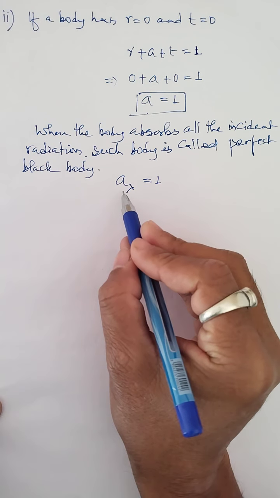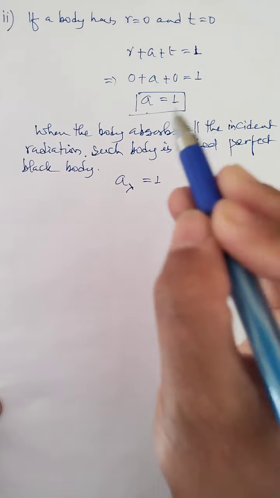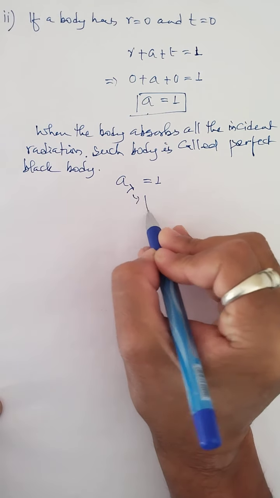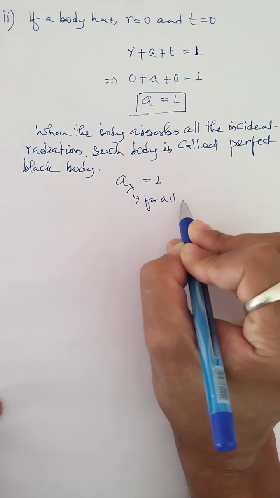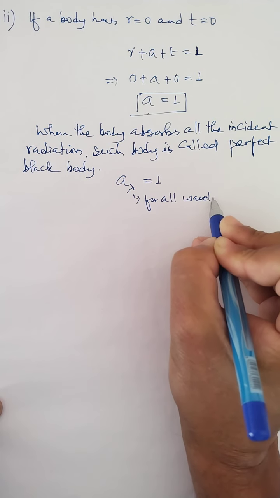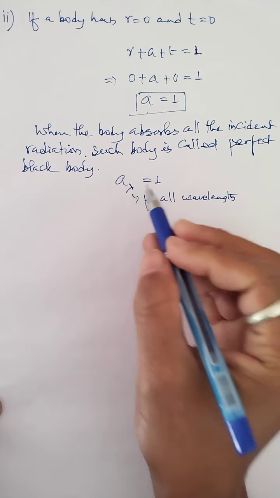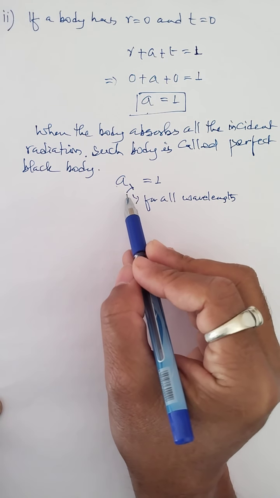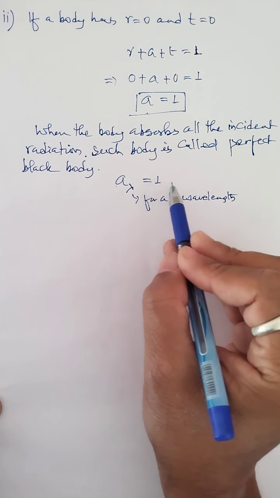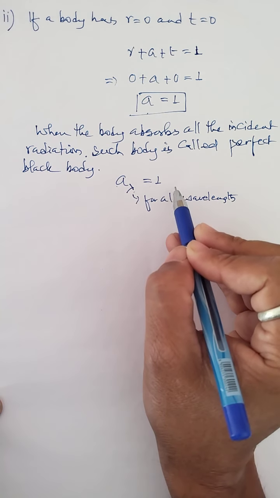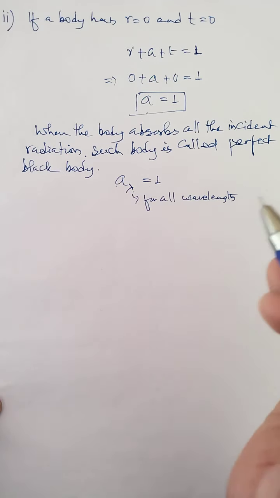Means the absorptance, or absorptive power, of that body for all wavelengths. Whatever wavelength of light or radiation falls on that body, the absorptive power of that perfectly black body is always equal to 1, where A lambda equals 1 is the same for all values of lambda.